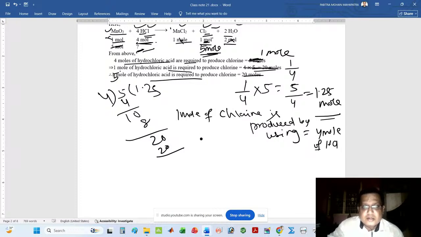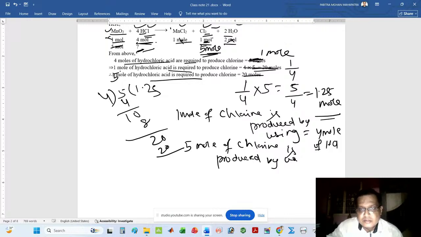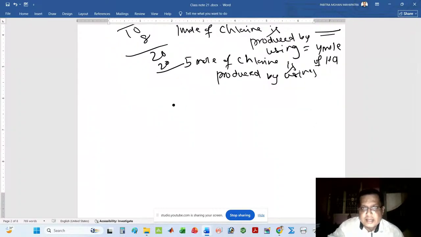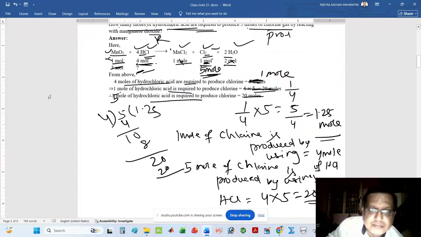Now I want to say that 5 mole of chlorine is produced by using HCl equal to how much? 4 into 5, that is 20 mole.